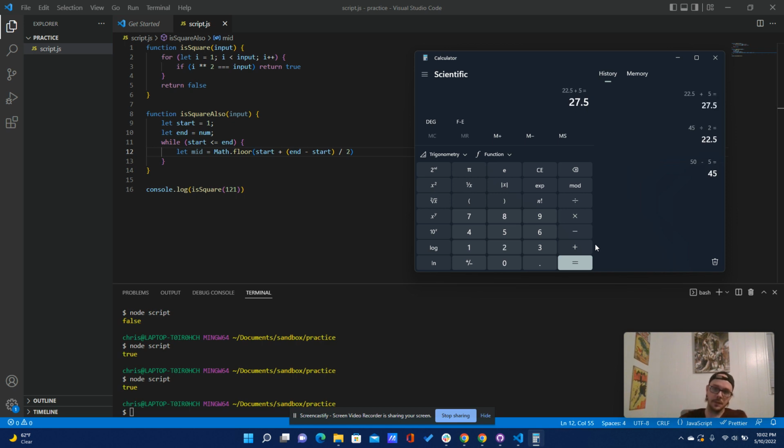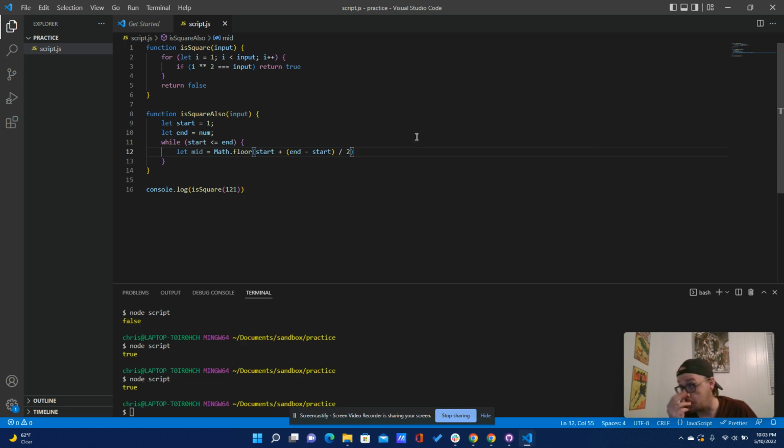Rounded down is 27. When you were doing Cartesian coordinates, this was lurking in the background when you were trying to find midpoints of a Cartesian coordinate plane. So that's our midpoint.